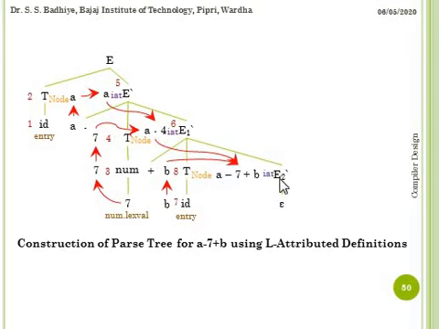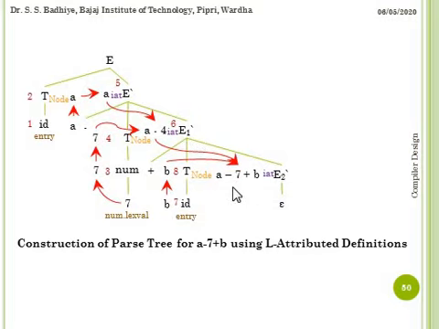So it will create a new node, as E2 dash, wherein the inherited attribute of E2 dash will get the value from the T dot node and E1 dash dot inherited. So we get the complete parse tree over here, that is a minus 7 plus b.